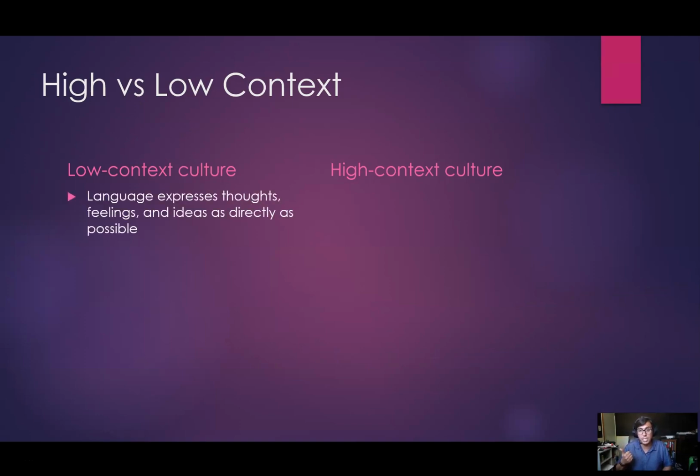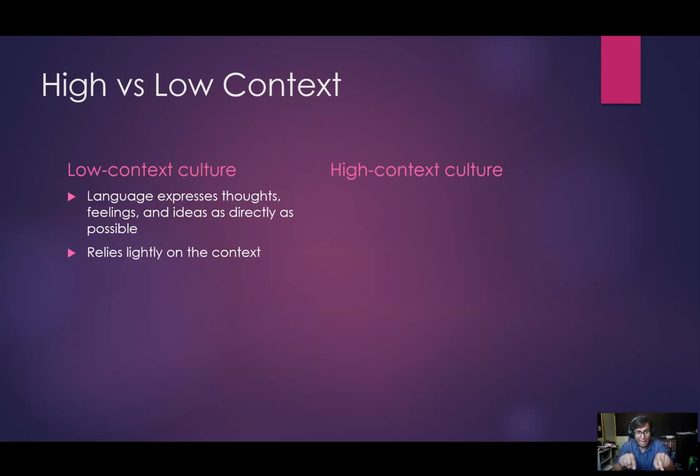We have low context, where language expresses thoughts, feelings, and ideas as directly as possible, and it relies very lightly on context. In these sorts of cultures, it is about communicating as clearly as possible, and it gets its name, low context, because it does not rely heavily on the context.